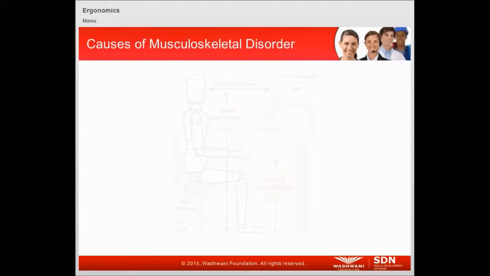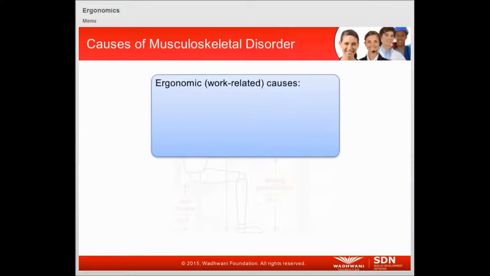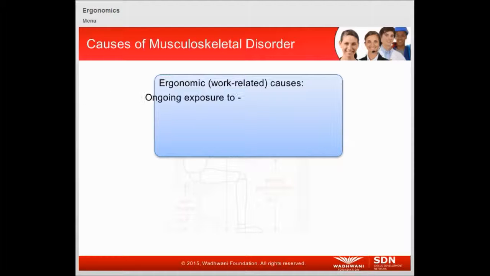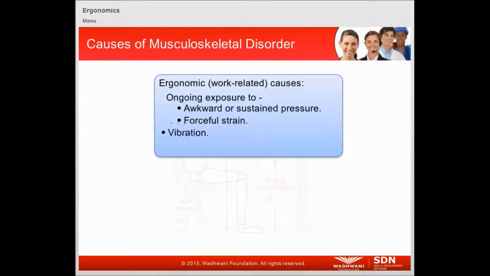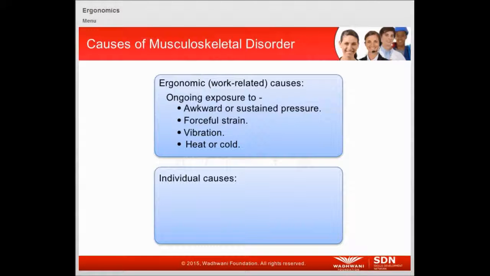Here are the causes of musculoskeletal disorder. Ergonomic, work-related causes. Ongoing exposure to awkward or sustained pressure, forceful strain, vibration, heat or cold. Individual causes.